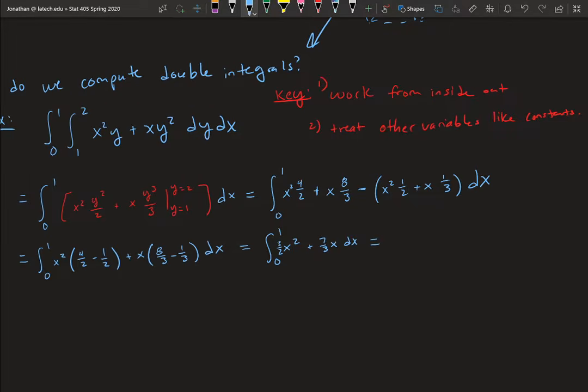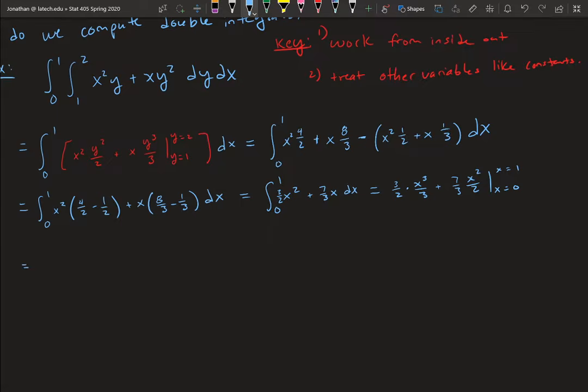So this will be a single integral now: 3/2 times x cubed over 3, plus 7/3 times x squared over 2, from x equals 0 to x equals 1.